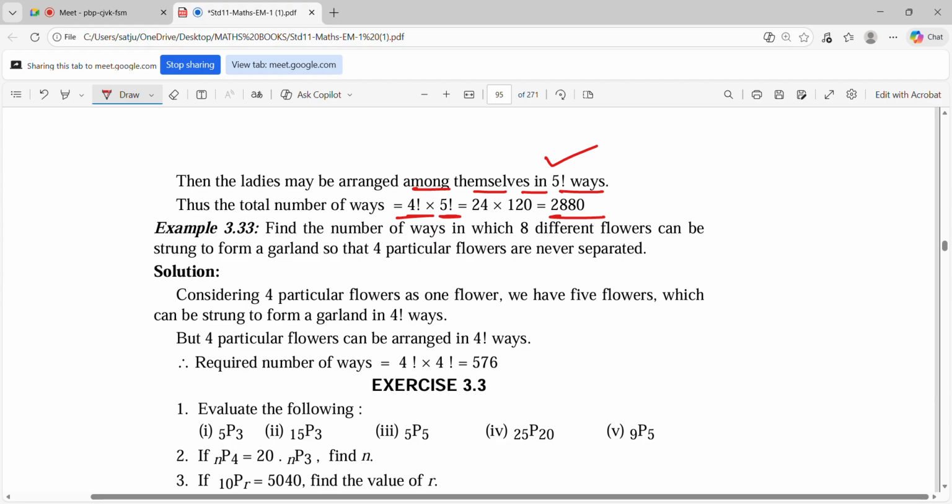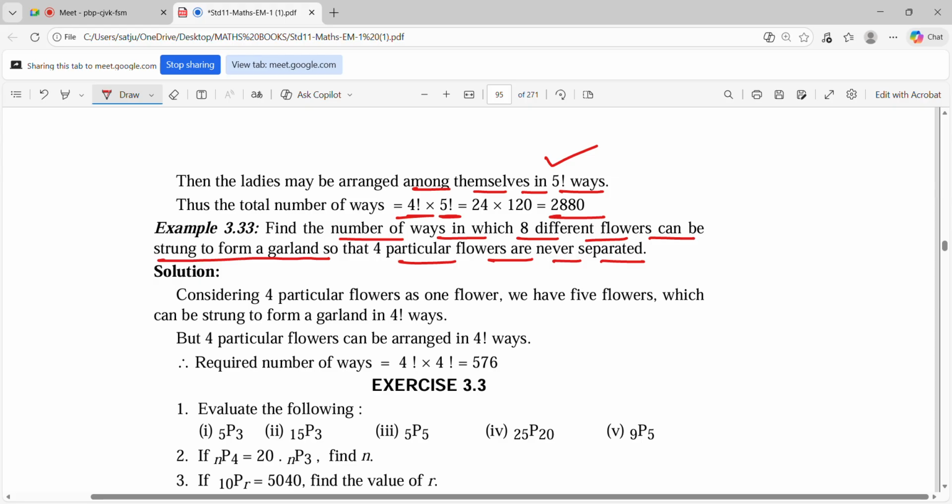Next, this garland question you can also take care of. Find the number of ways in which 8 different flowers can be strung to form a garland, such that 4 particular flowers are never separated. Never separated means what? They are together.